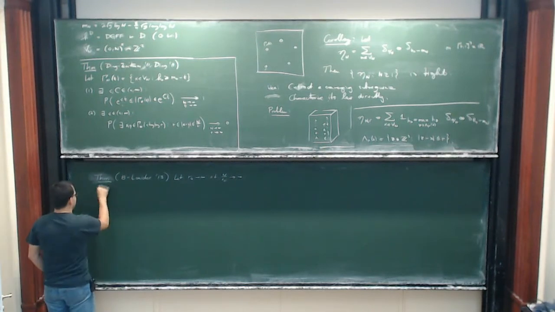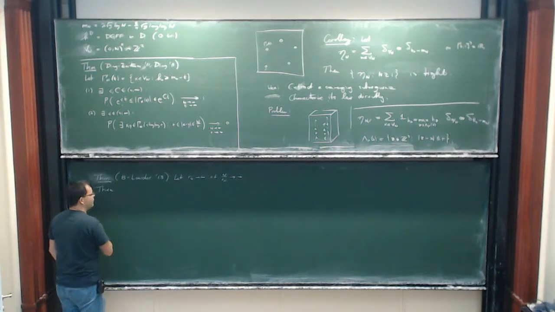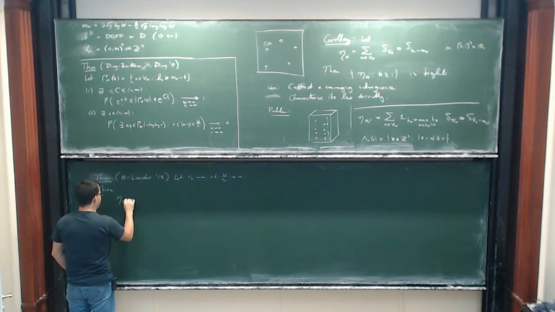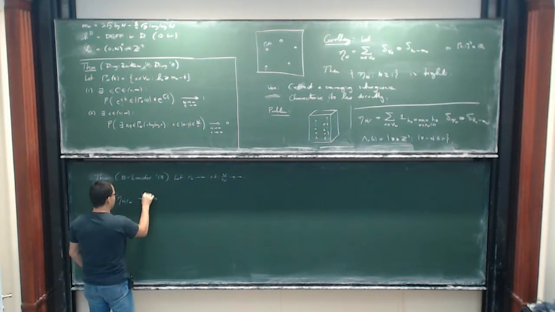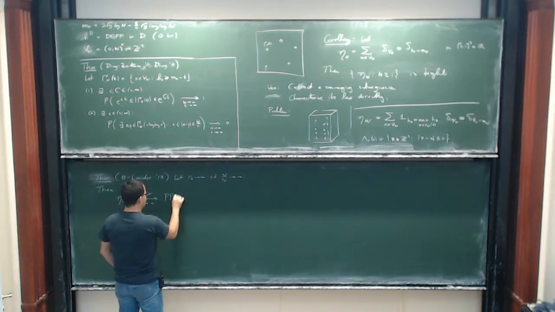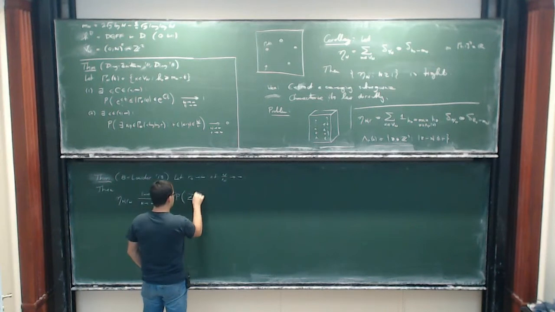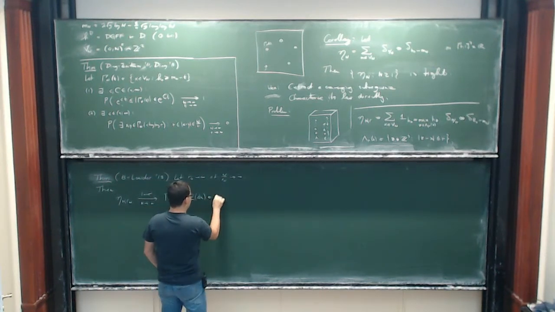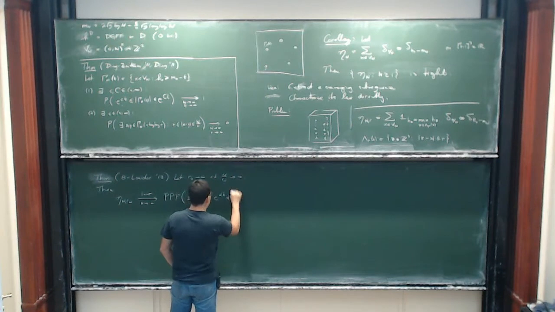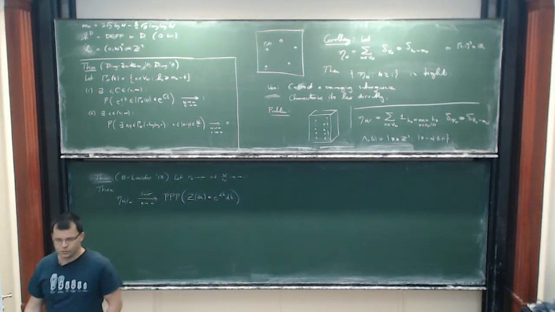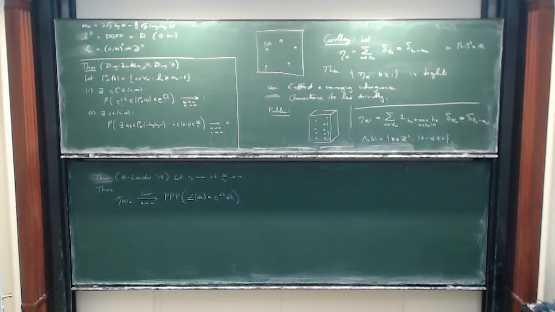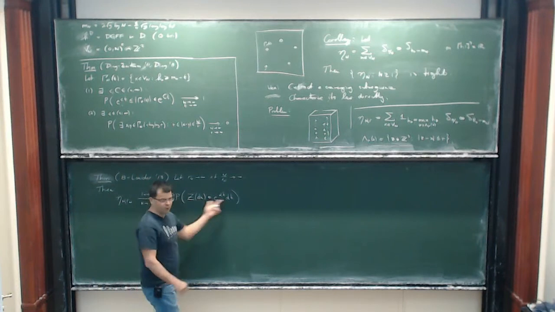Then eta_{n,R_n} converges in law as n tends to infinity to a Poisson point process with intensity Z(dx) e^{alpha h} dh. So it's a Poisson process on points indexed by two different coordinates: one is a point in a square, and the other one is a value in R. And the intensity measure takes a product form in this case.